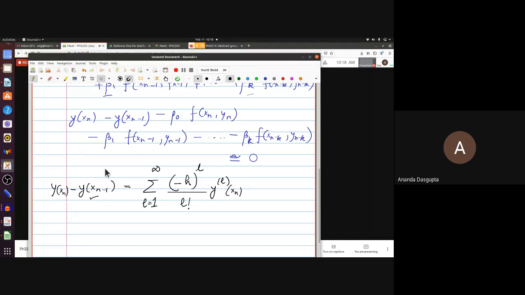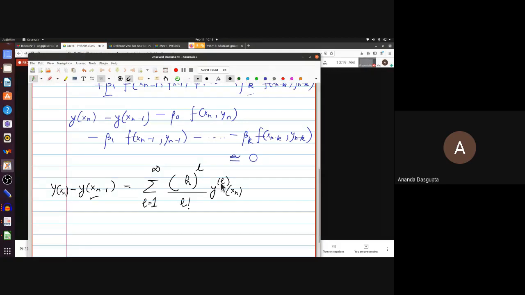By the way, if this had been the zeroth term of the Taylor series, then let me tell you exactly what you would have. You would not have a minus sign here because you're going from xn minus 1 to xn. That means you're increasing x by h. So that's going to be plus h, number one.